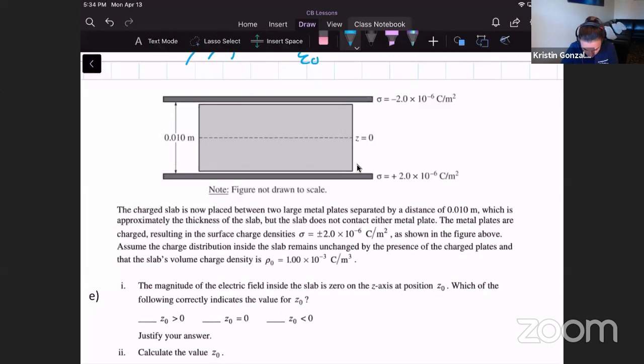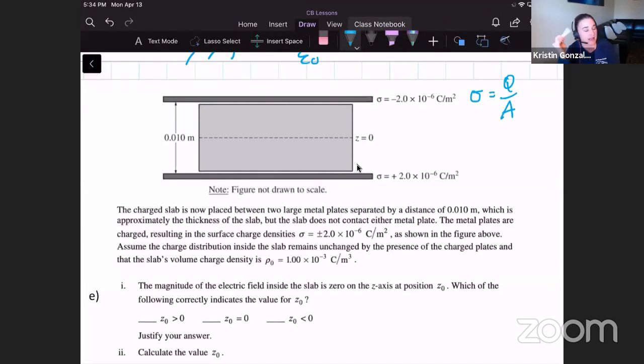Remember, sigma. The first thing I want you to be thinking about in your head when they give you these is that per length, per area, or per volume. So this is sigma, and sigma is charge per area, right? I'm always thinking these things, jotting them down as I'm reading and identifying. So top is negative, bottom is positive. What sticks out in your head when you know which plate is which charge?